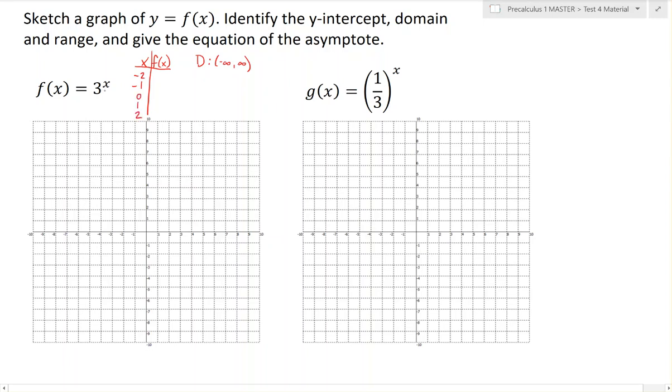our exponent. So 3 to the negative 2 is going to be 1/9. 3 to the negative 1 is 1/3. 3 to the 0 is 1. 3 to the 1 is 3, and 3 squared is 9. So I have these that I'm going to graph.